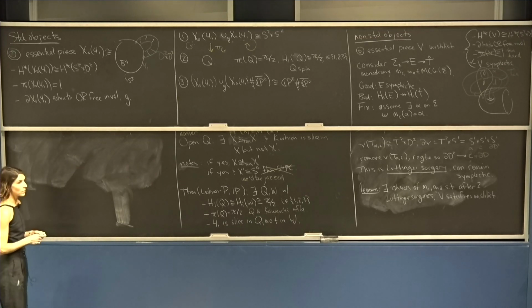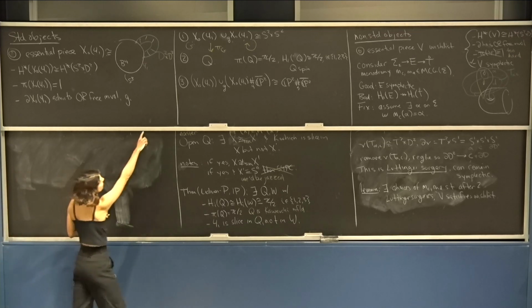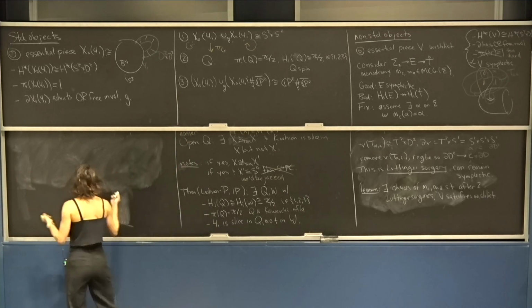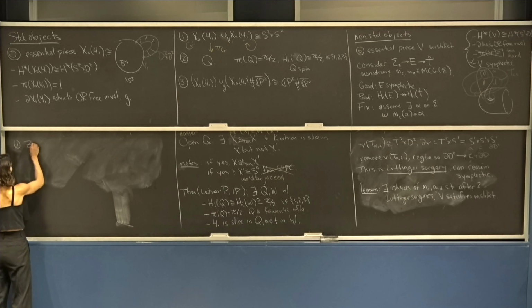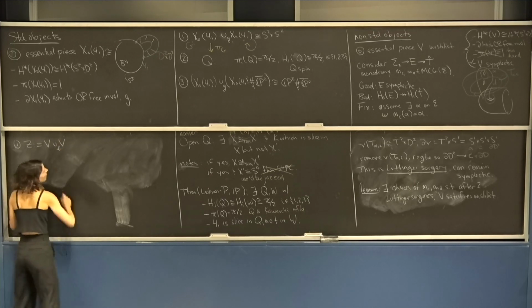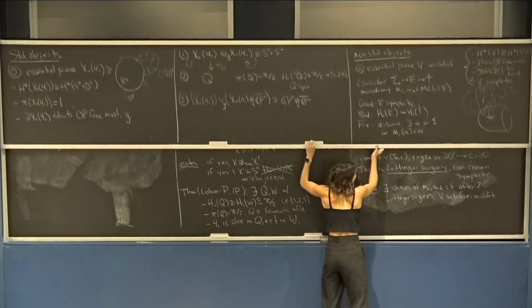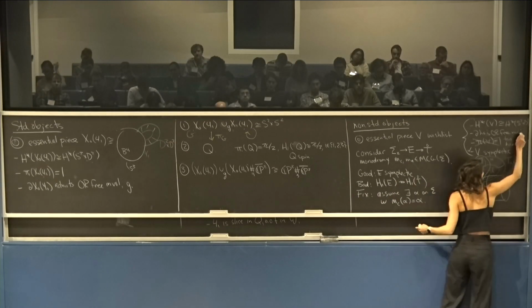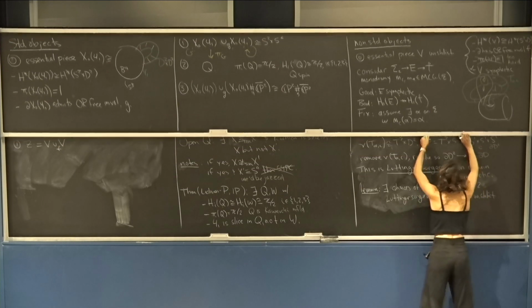OK, so then we can now build manifolds exactly in analogy with these ones here. So Z will be defined to be V union V, where the gluing is along this orientation reversing free involution that we made sure V had on the boundary.